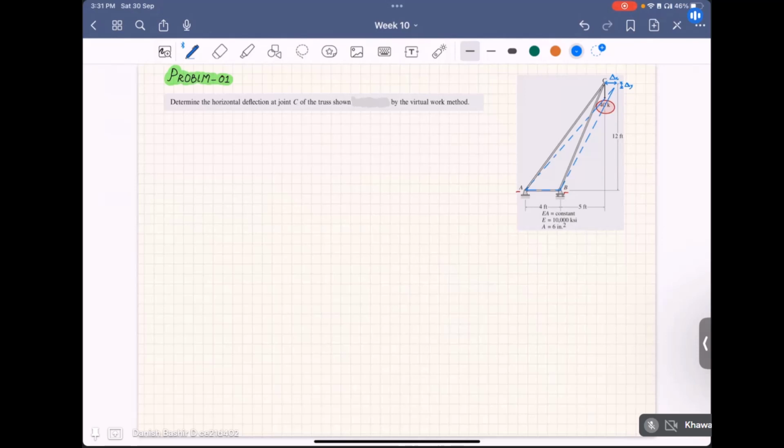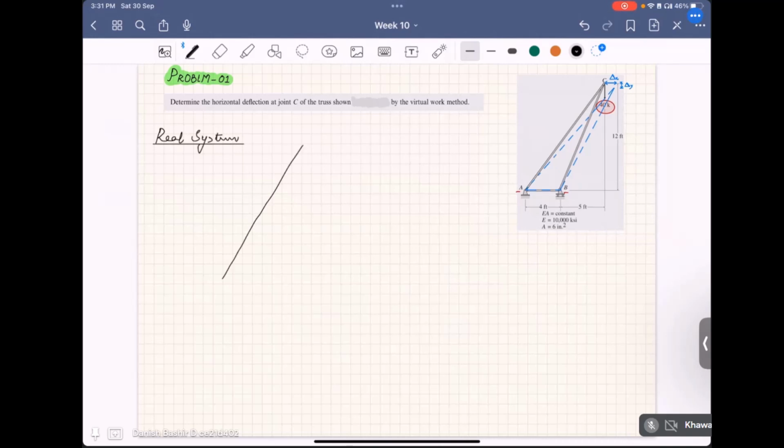So first we have to do the real system of forces. Our real system is like this: the same truss member with the given loading.